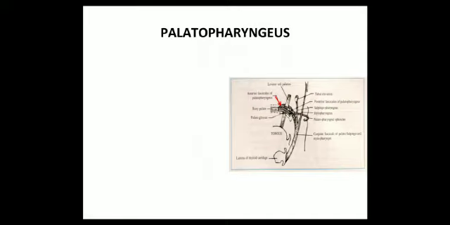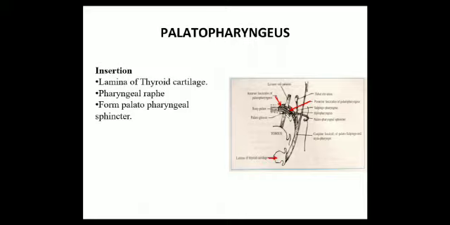So, here we can see the anterior and the posterior lamina of the palatopharyngeus. It is inserted into the lamina of the thyroid cartilage and the pharyngeal raphe, forming the palatopharyngeal sphincter. It elevates the larynx and the pharynx.